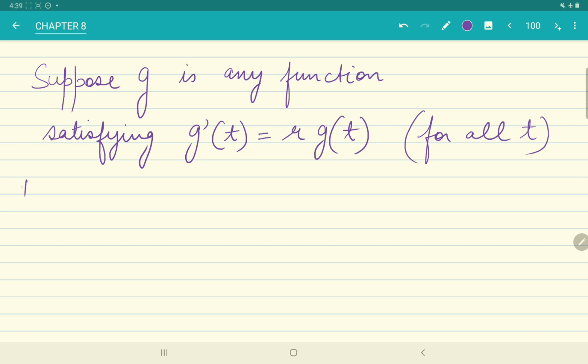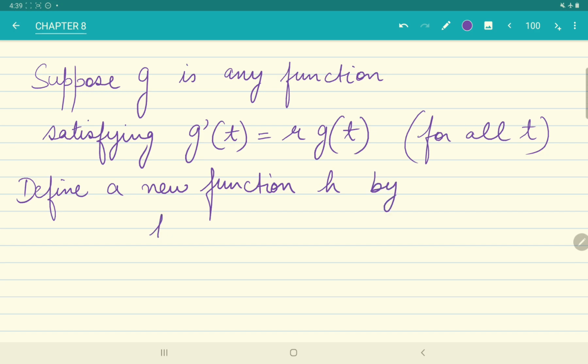In this case, I define a new function h by h of t is equal to g of t e raised to the power minus rt.